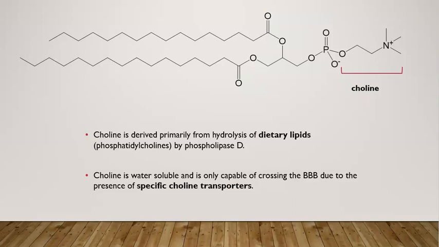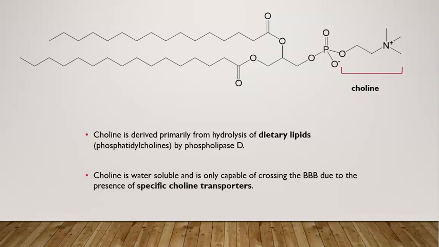A lot of foods will contain choline, such as eggs, legumes, and red meat. Things that tend to have a lot of protein also tend to have choline. Red meat, organ meat, especially liver, actually has a lot of choline in it. If you're not eating enough of these foods, you may have a deficit of choline in your system, and that can bring on some health concerns, especially in endurance athletes and alcoholics.